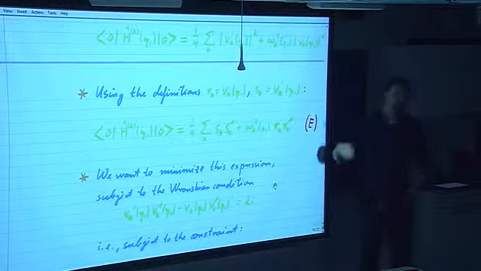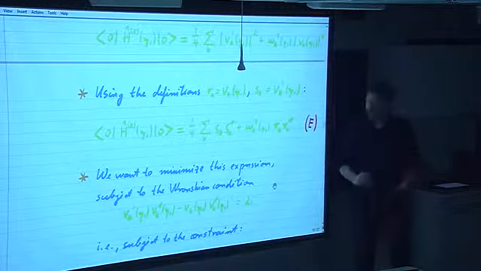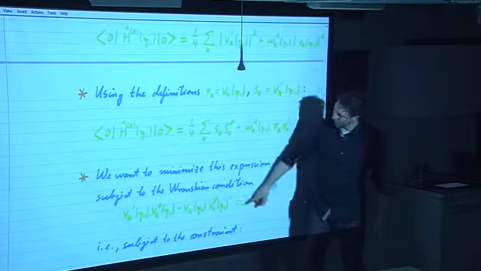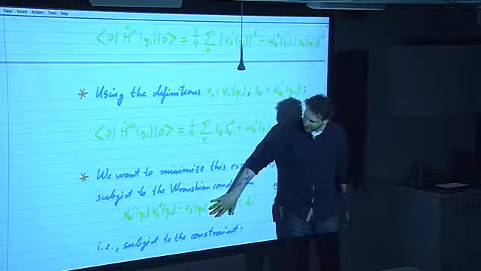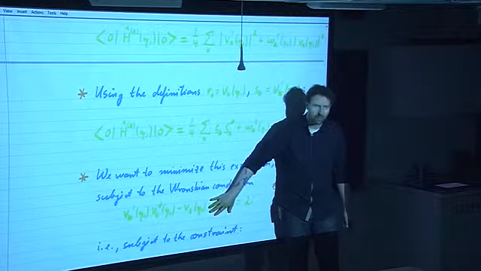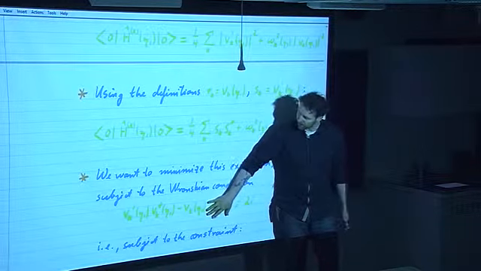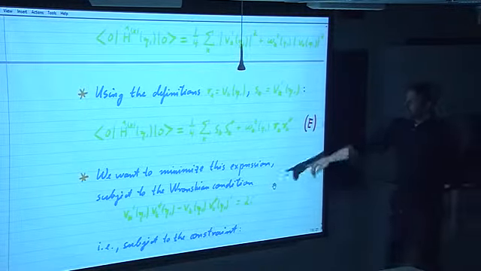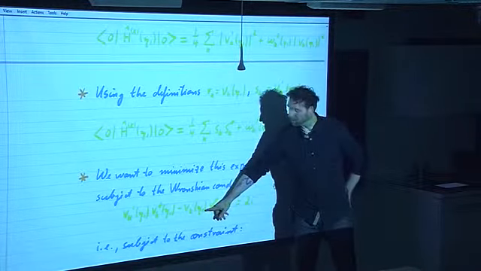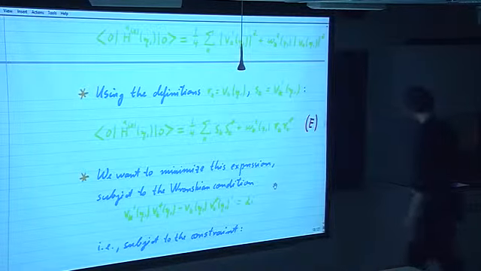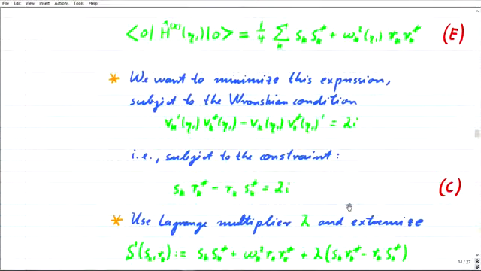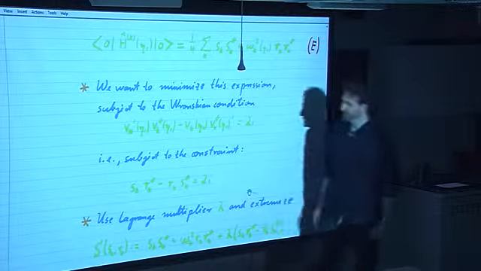They also have to obey the Wronskian condition. You know, the condition that ensures that the commutation relations between the phi and the pi translate into the commutation relations between the A and A dagger. So that is another condition on the R and the S. And what is that condition? Well, it's this. If you just plug in the definitions, that's what it is.